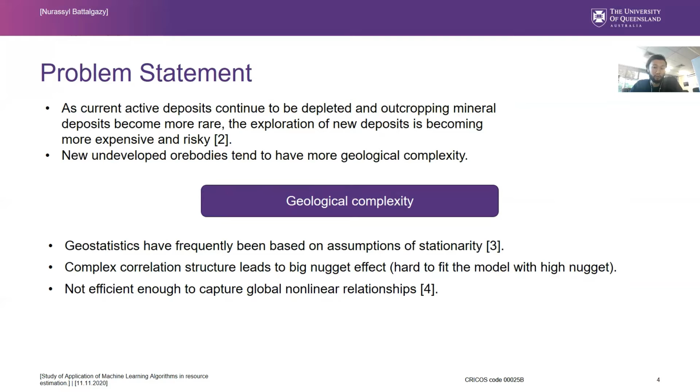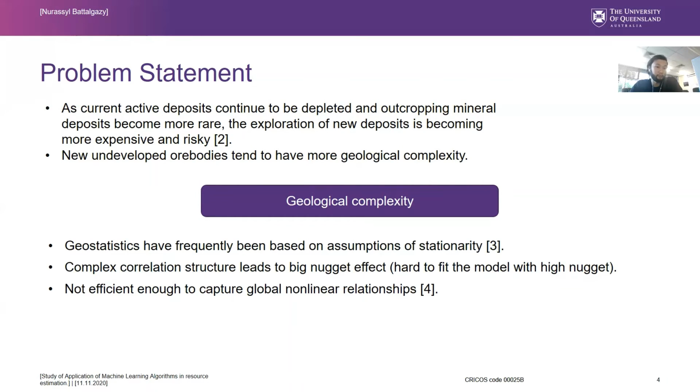Most of the approaches to date, including the most important one, geostatistics, are based on certain assumptions about the spatial distribution of ore grade within the ore body, like second order stationarity, which assumes that the mean is known and the variogram reaches a sill.